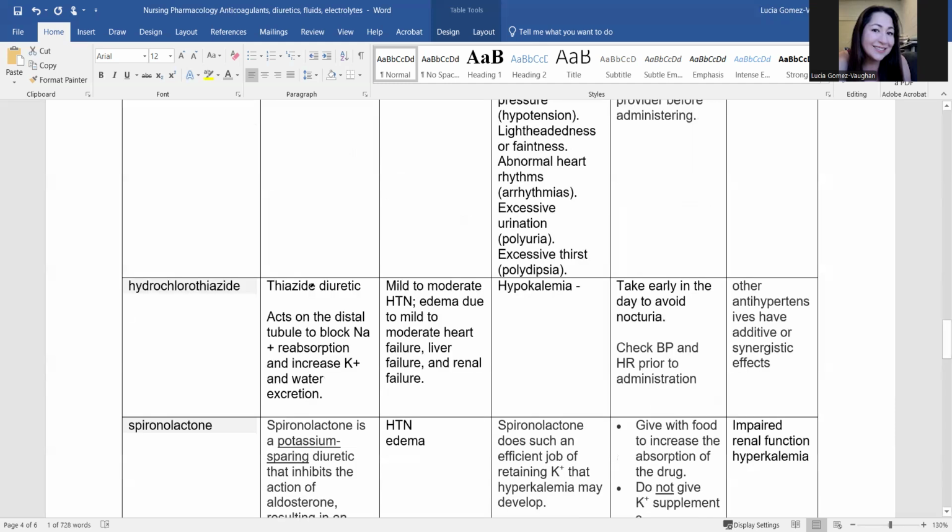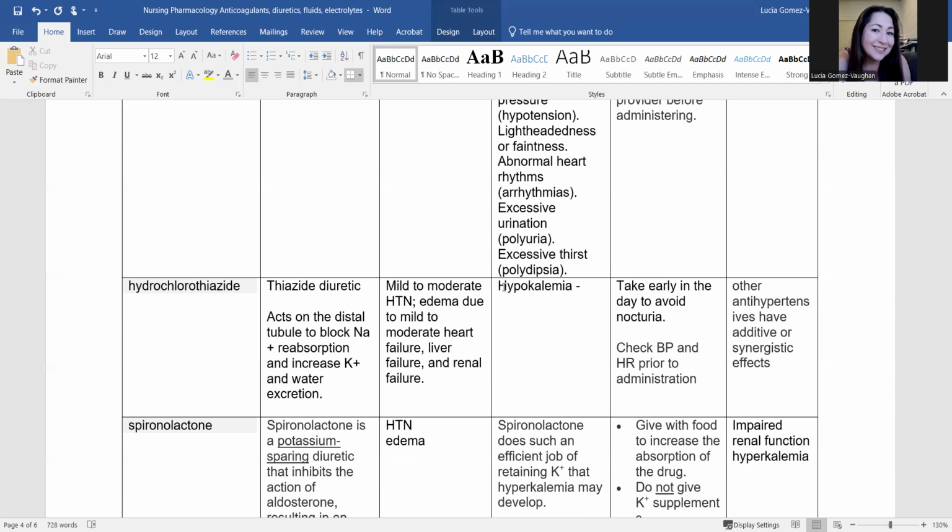Hydrochlorothiazide, this is a thiazide diuretic. It acts in the distal tubule, blocking sodium reabsorption and increasing potassium and water excretion. This is also a potassium wasting diuretic. It's used for mild to moderate hypertension, edema, mild or moderate heart failure, liver failure, and renal failure.